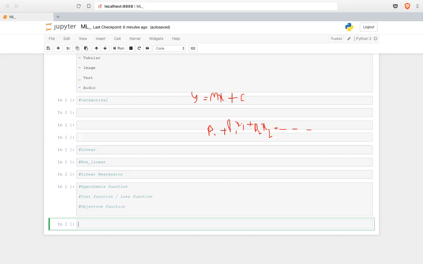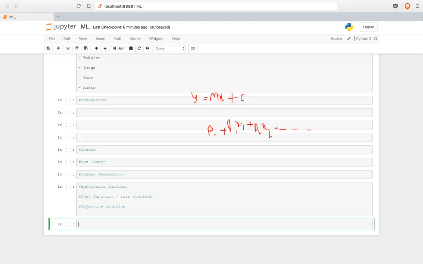Coming to the objective function, it's a very general term. The objective function tells you what you're trying to optimize. It is the function that is optimized to find the weight values.